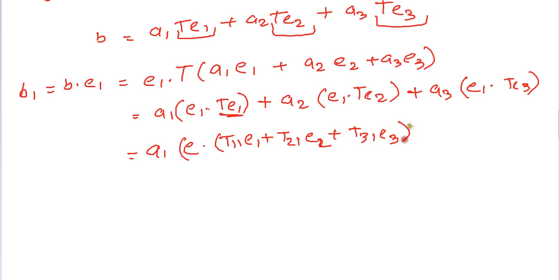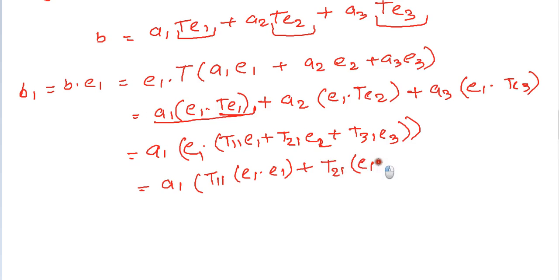So we can calculate E1 dot TE1, which is T11 times E1 dot E1 plus T21 times E1 dot E2 plus T31 times E1 dot E3.